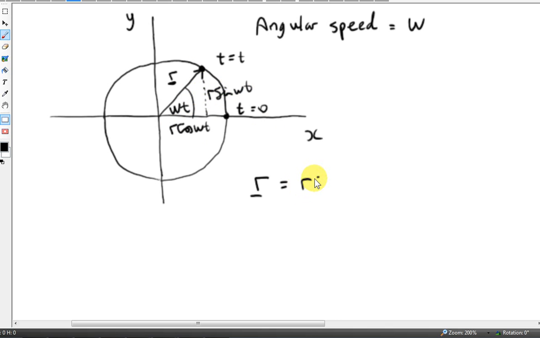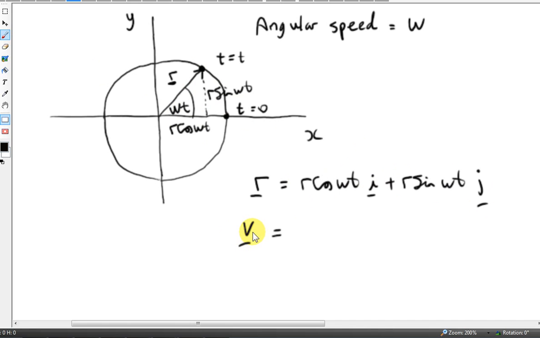So vector r can be written as r cos omega t times unit vector i, that's pointing in the positive x direction, and onto that we add on this vector here, r sine omega t times j. So we're just using the triangle law. We're just adding this vector onto this vector here by the triangle law.